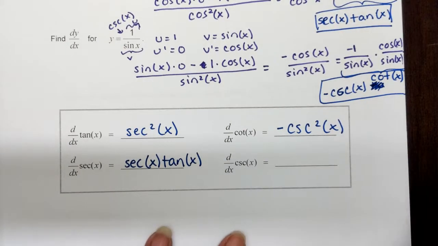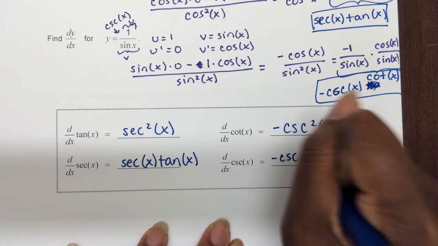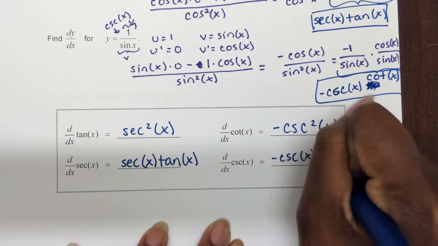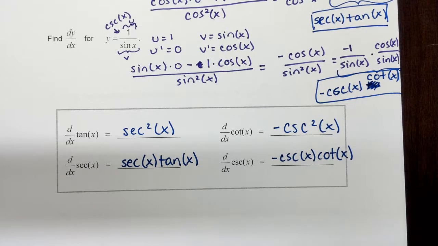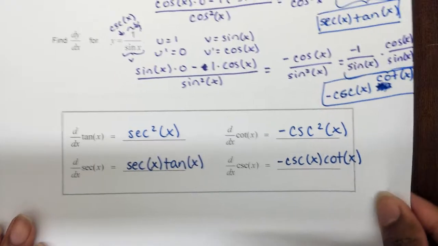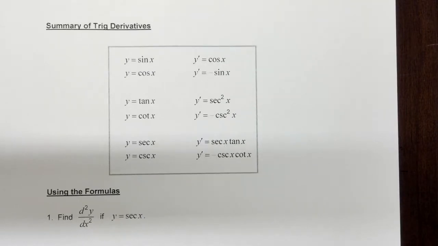And the derivative for cosecant, which is negative cosecant x cotangent x. Okay, so on the last page of the packet, we're going to use these derivatives to solve some problems. So the top of page 3 summarizes the derivatives that we just found.